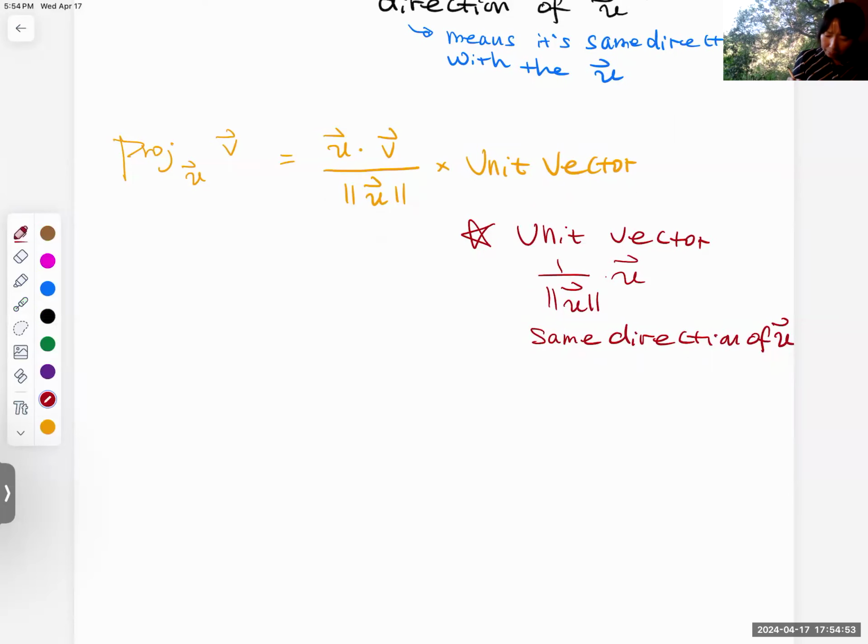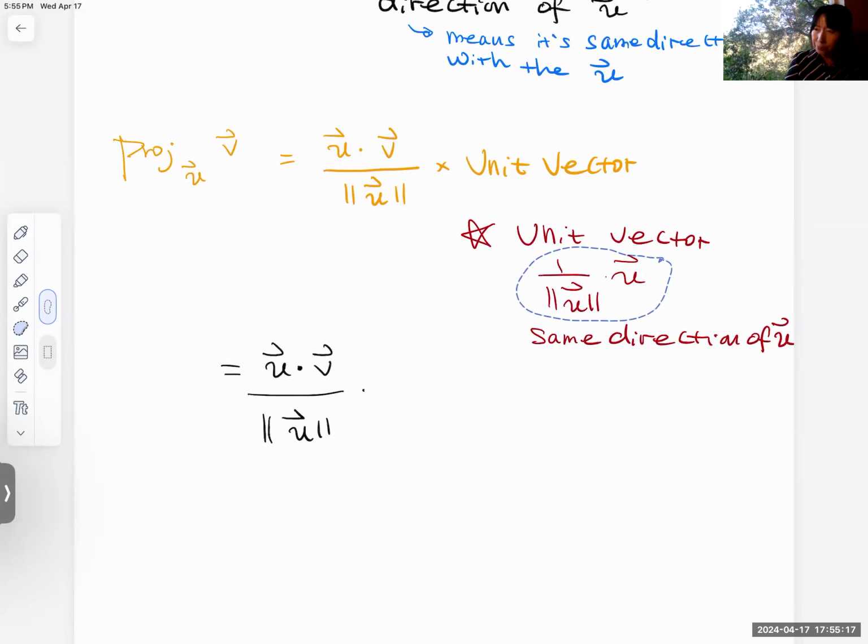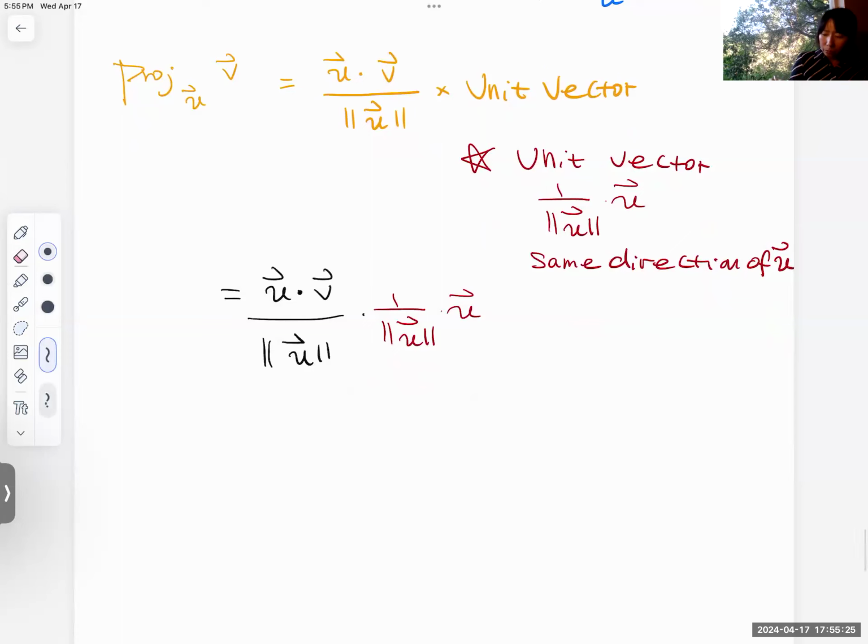So that will be U dot product with V, and U, and the unit vector, let's use that. How about a different color? Copy. Okay, then this is the same, so we can make a square down.